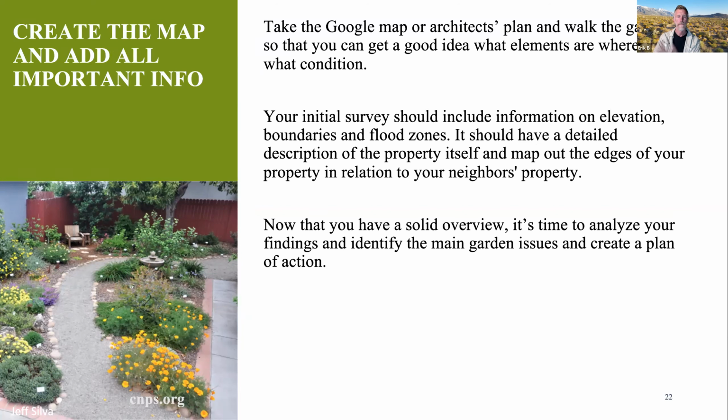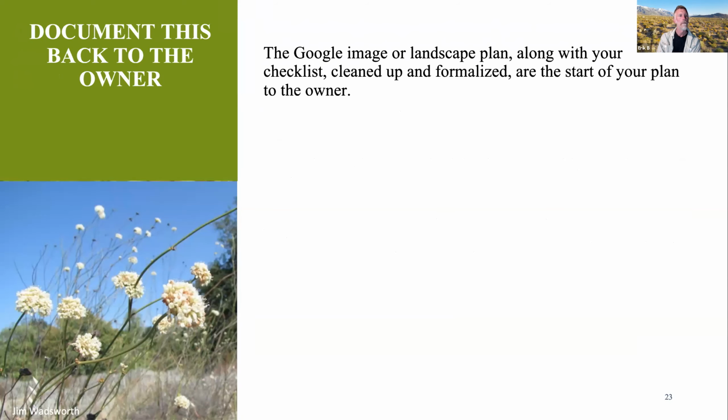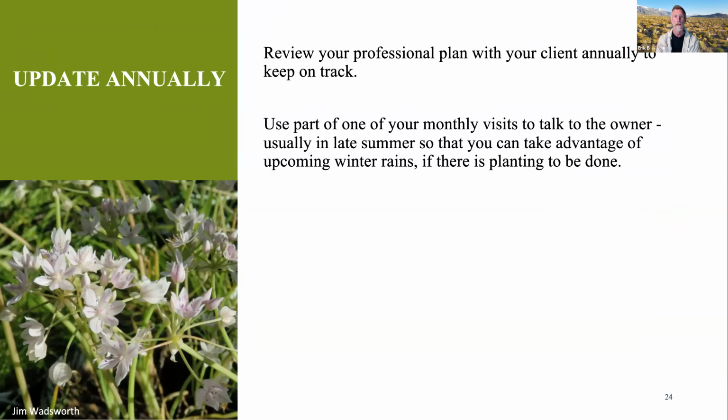This is telling you what you did as far as your walkthrough. You're going to go home with all this information, whatever the list of priorities is with the client, and type up a proposal for them and send it off to them.